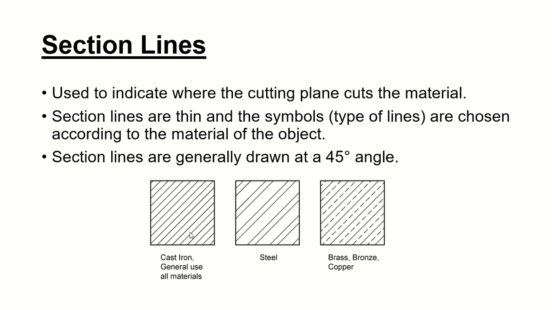The section lines are generally drawn at 45 degrees with the horizontal line. If you measure it, you can know that that's your 45 degree angle from the horizontal baseline. And of course, your section lines are supposed to be thin lines.